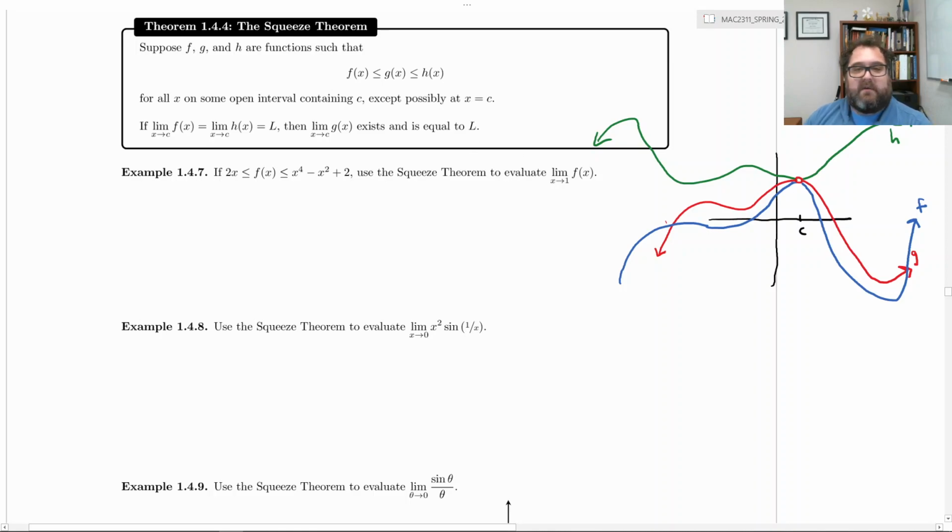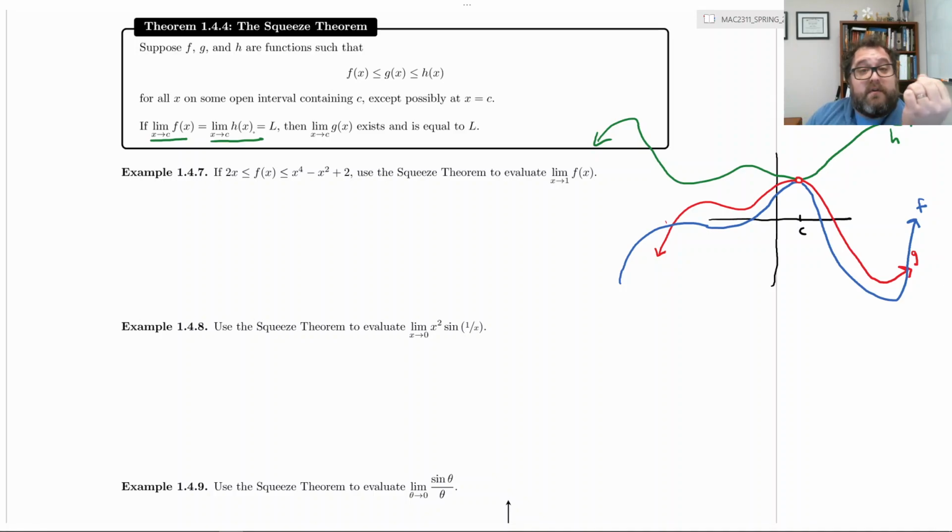Let's say for some reason we're having trouble finding the limit of g as x approaches c. But for some reason we can quite easily find the limit as x approaches c of h and of f. Suppose we can easily find those, and let's say they happen to be the same number, L, a finite number.